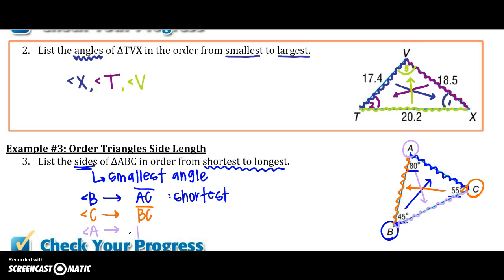I think I messed that up earlier, I'm so sorry. So angle C, which is 55, goes across from AB, the middle one, and angle A goes across from BC. So your order would be smallest, middle, longest side.